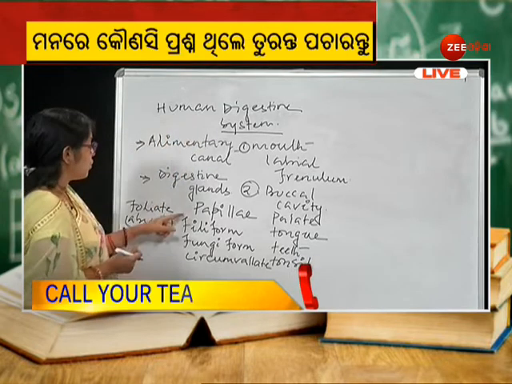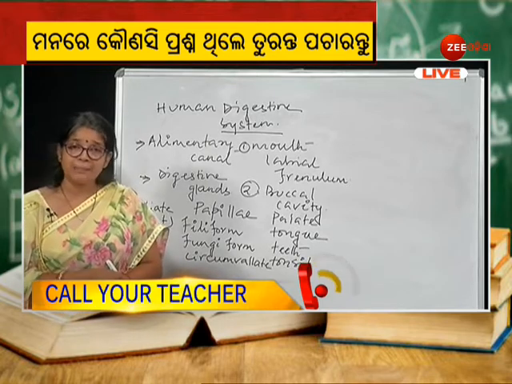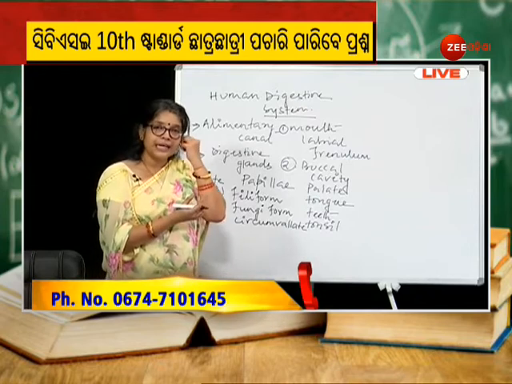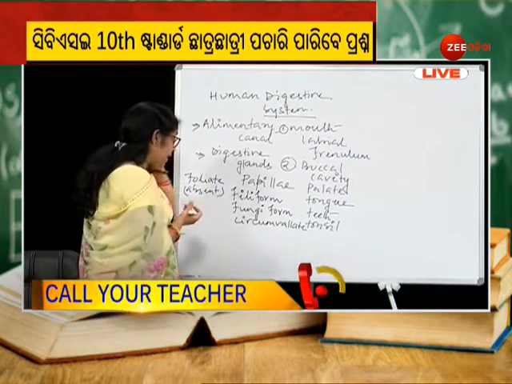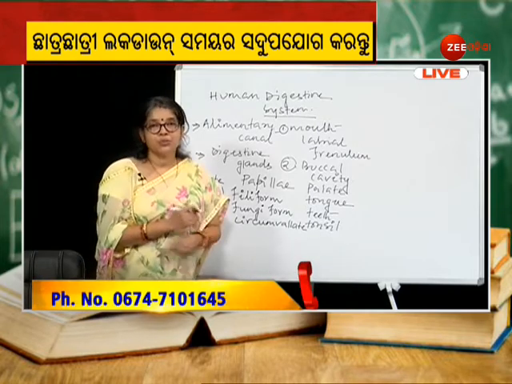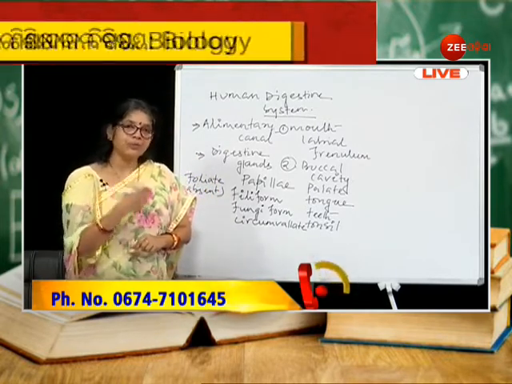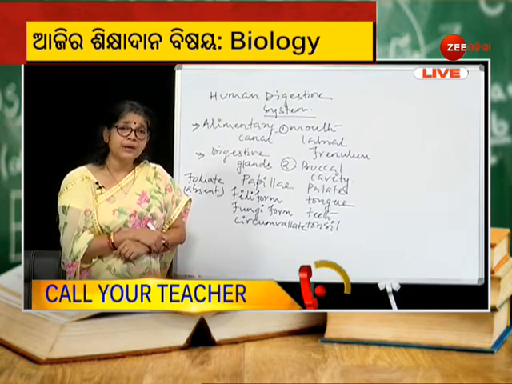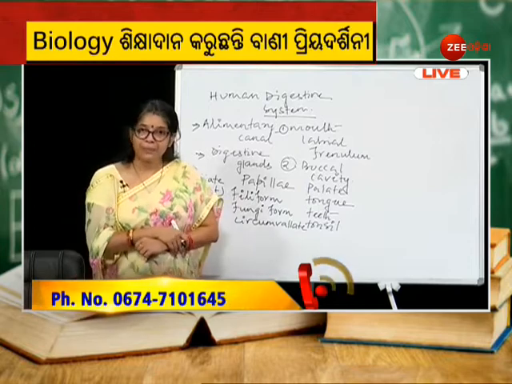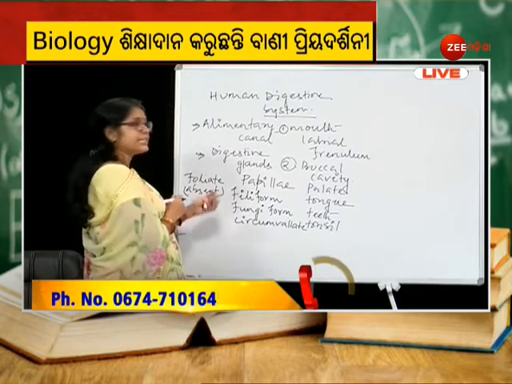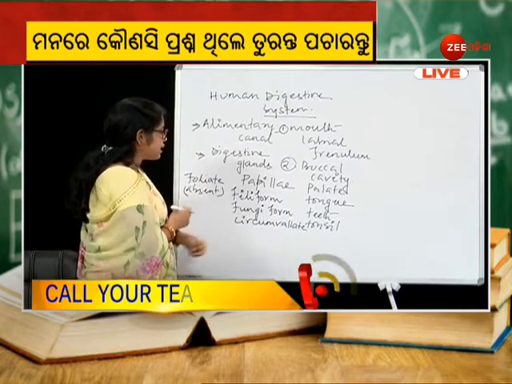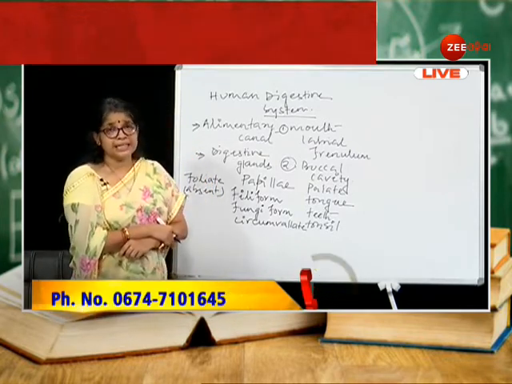So what about the function of these papillae? They are provided with a number of taste buds. The first one is the filiform papillae, which is present mostly in the center of the tongue, and it is without any taste buds. Out of all the four different types of papillae, though the foliate is absent in humans, the filiform papillae are without taste buds.